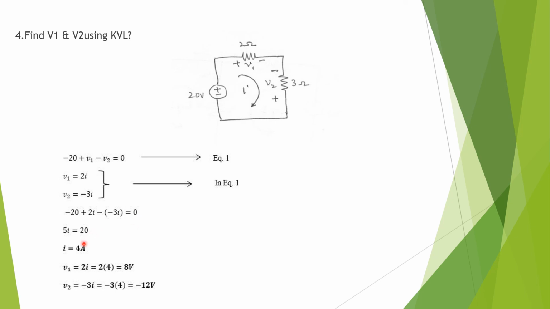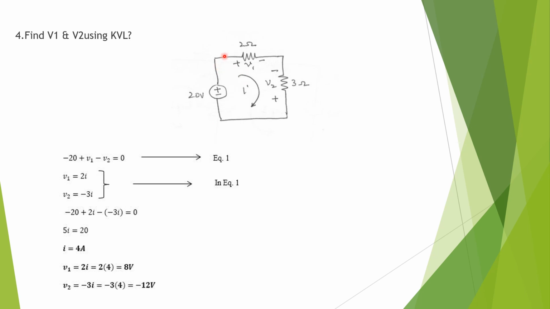That means we can rearrange: 20 is equal to 2I plus 3I, since minus into minus will be plus. So 2I plus 3I will be equal to 20. From here you will get I is equal to 4 ampere.